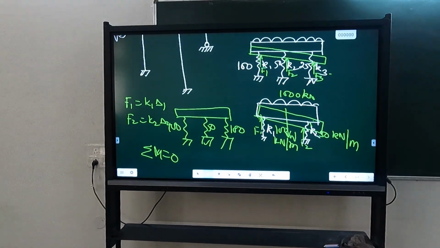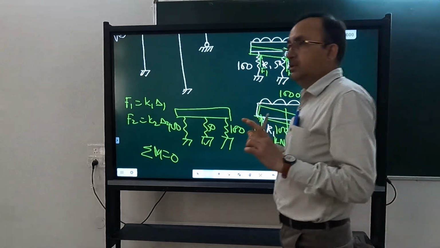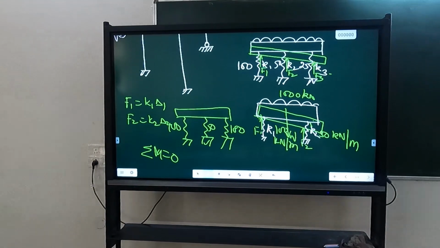Only if there are 2 points. So if any member is simply supported at 2 points, the forces will be equally distributed even if it is inclined. Whatever force uniformly you apply on this, it will be distributed equally.